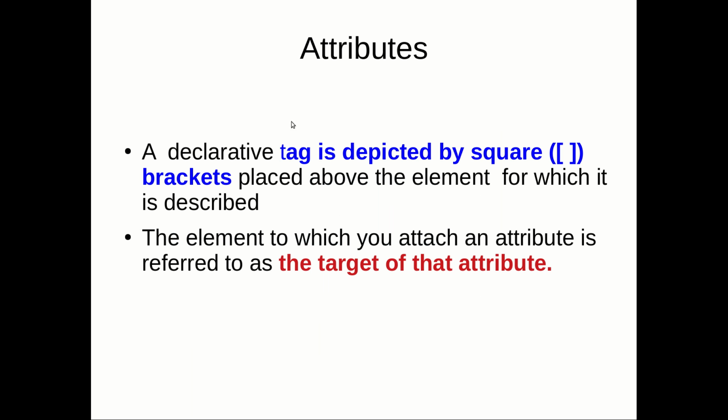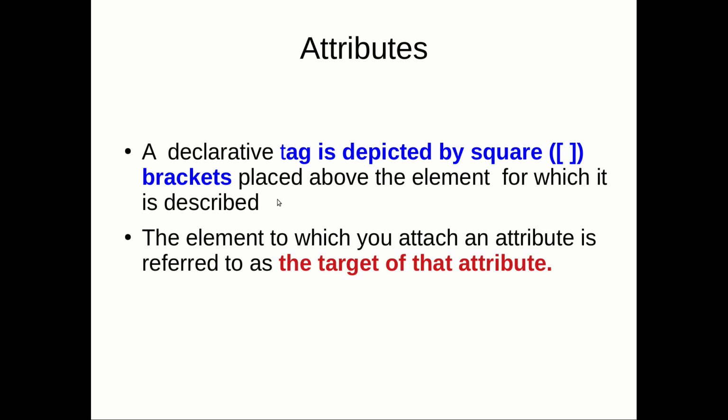So a declarative tag for any element in your program is generally depicted by the square bracket, and it is placed just above the element for which it is described. What I mean here is, suppose for example for a method you want to specify the method is an obsolete method.